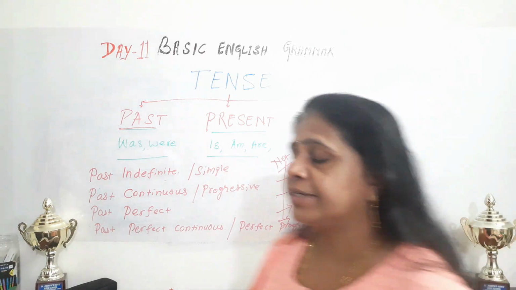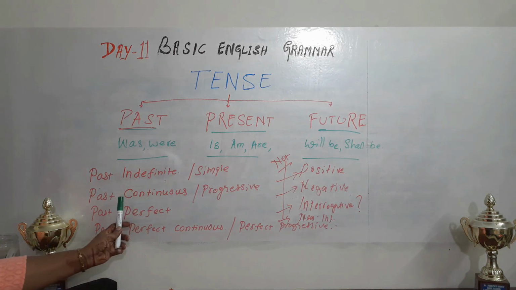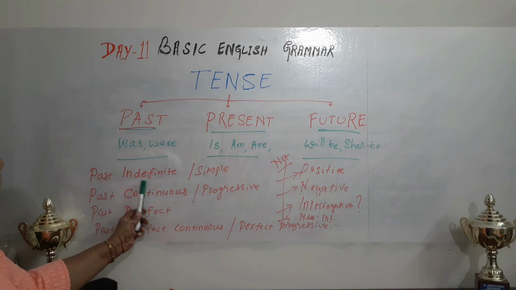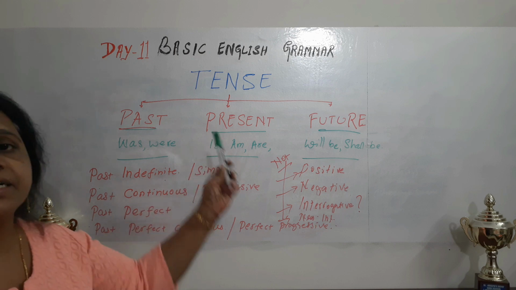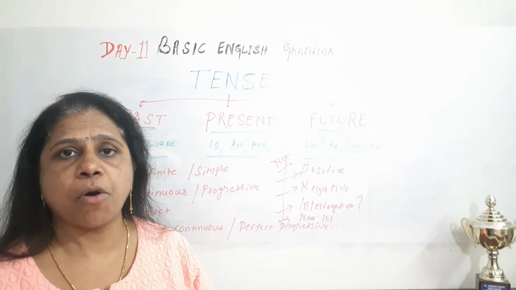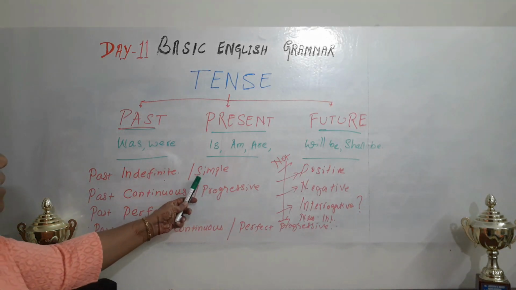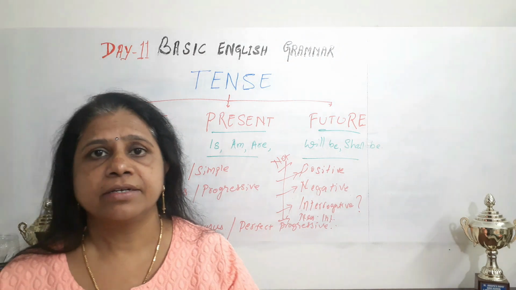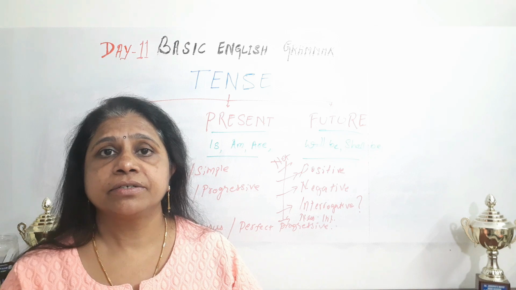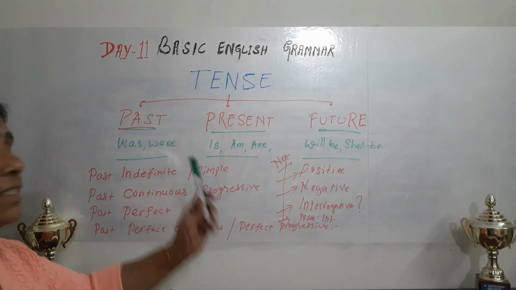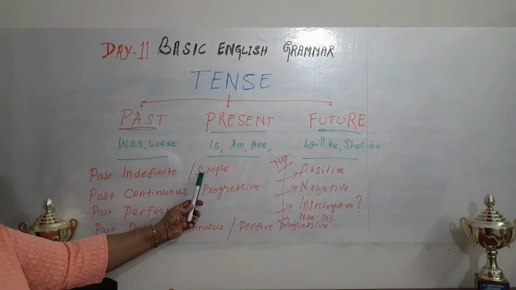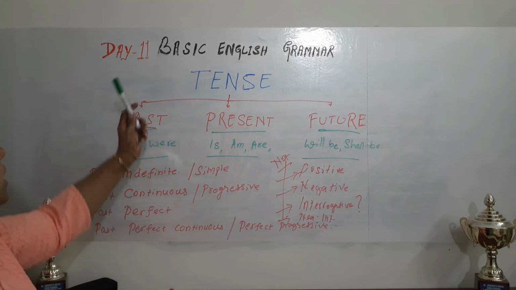All right, and coming to present tense, again this is present indefinite or simple, which will tell us about some habitual things or common things, or some simple sentences having subject, verb and object. We'll see the sentences in coming days, or tomorrow we can see the sentence formation, that is day 12.